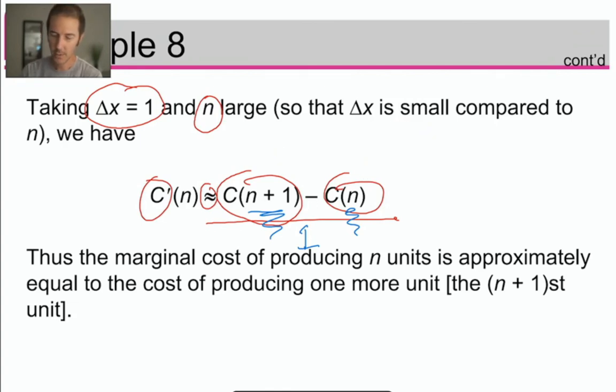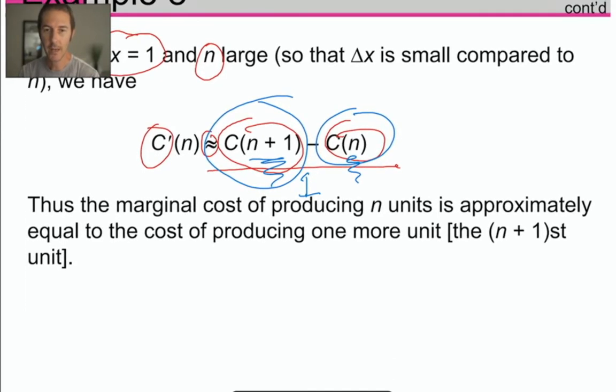Because again, you're taking the cost of the nth unit and the n plus first unit, you're finding the difference between them, and then you're dividing it by 1. So you're literally calculating the difference in cost of producing the nth to the n plus first unit. When you subtract them, you get the cost of producing just the n plus first unit.